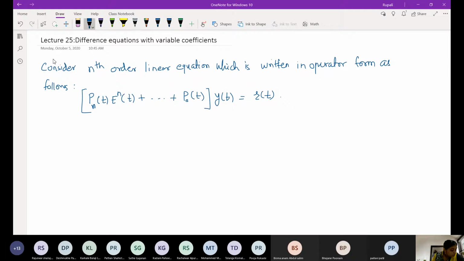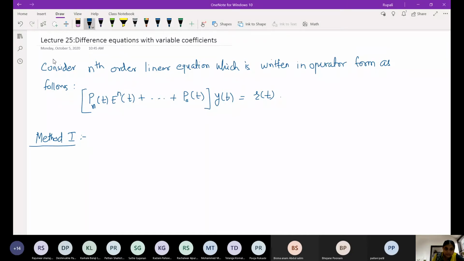So first method, method 1. Instead of nth order, now we consider second order.